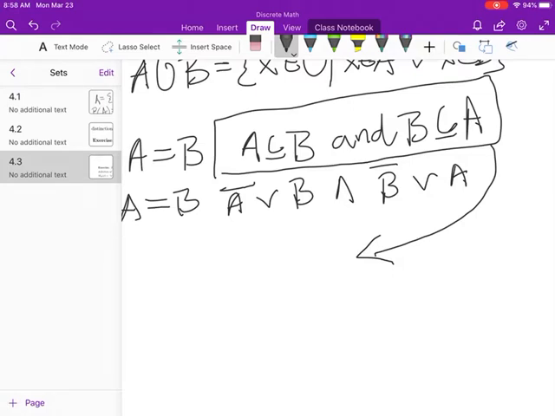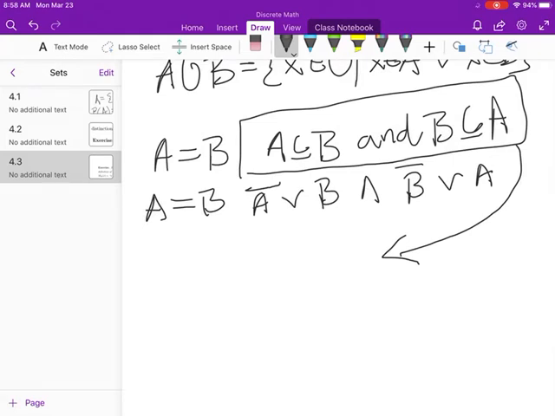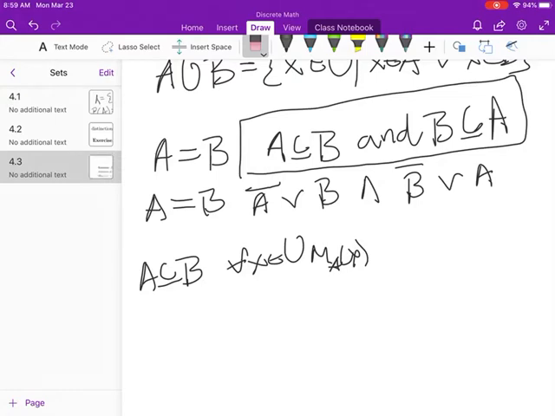In the last chapter, we have this kind of odd thing where for A to be a subset of B, that means for all x in U, if x is a member of A, then x is a member of B.